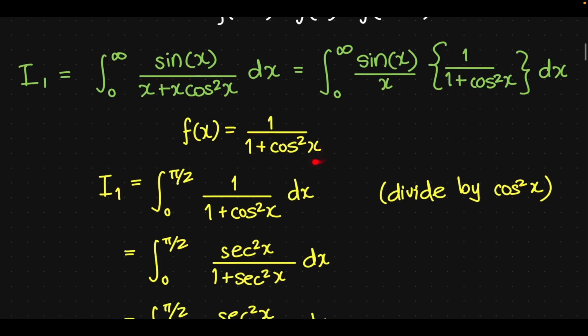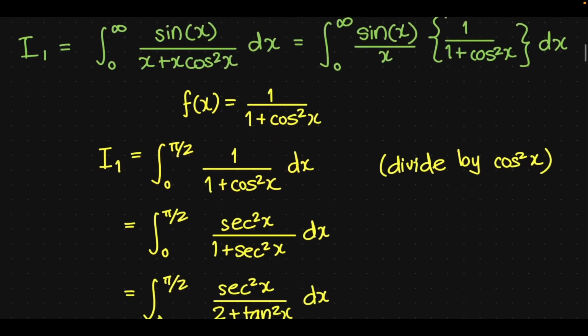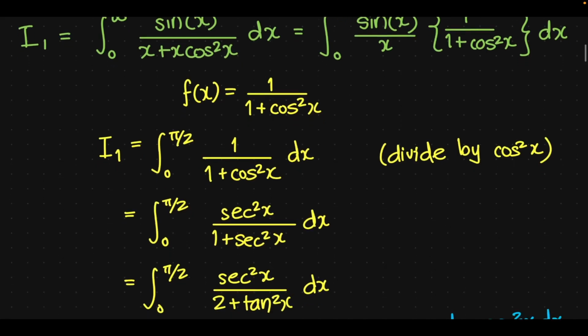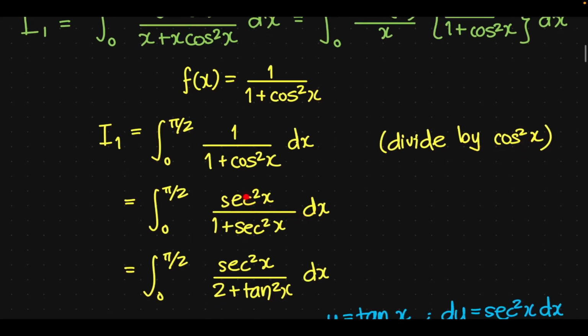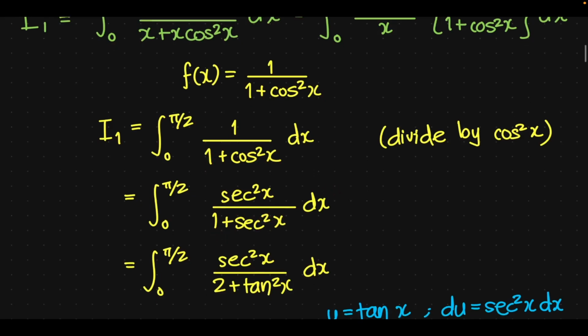So using Lobachevsky's integral formula, I1 just becomes the integral from 0 to pi over 2 of 1 over 1 plus cosine squared x dx. This is quite a standard integral, and to evaluate this, we divide the numerator and denominator by cos squared x. So I get 1 over cos squared x, which is secant squared x, over, we have 1 over cos squared x, which is secant squared x, and cos squared x over cos squared x, which is the one here, with the dx.